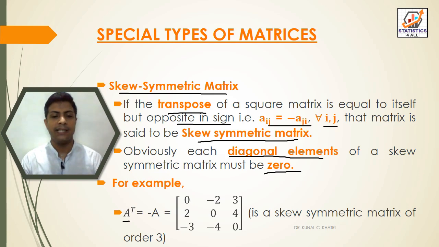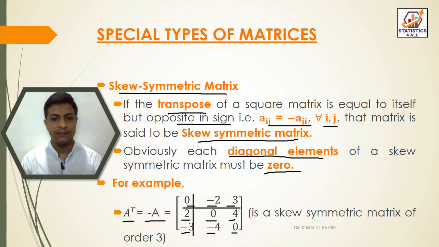For example, A raised to T is equal to minus A, that is equal to, now we can see that there are 3 rows and 3 columns, that is 0, minus 2, 3, 2, 0, 4, minus 3, minus 4, 0. Now in first row 0, minus 2 and 3 is given, and in the column 0, 2 and minus 3.